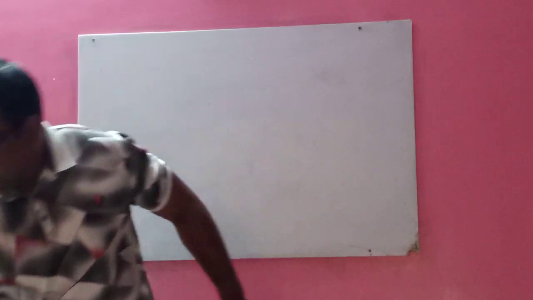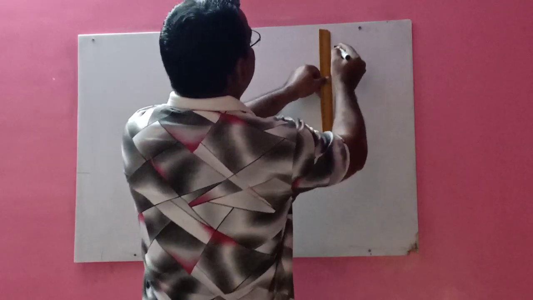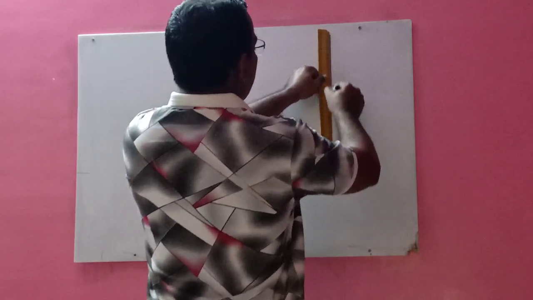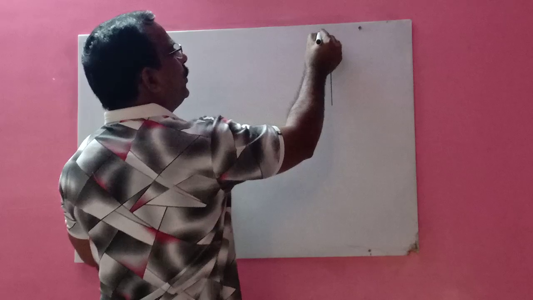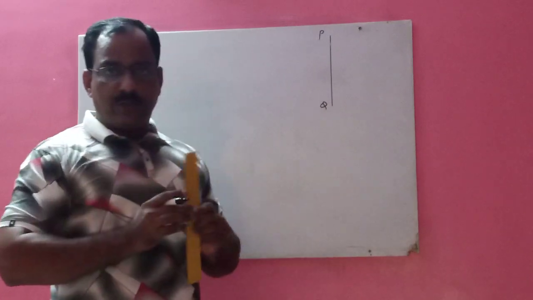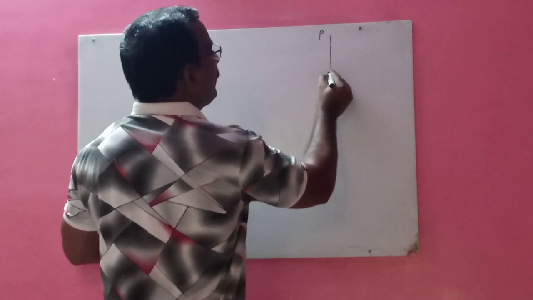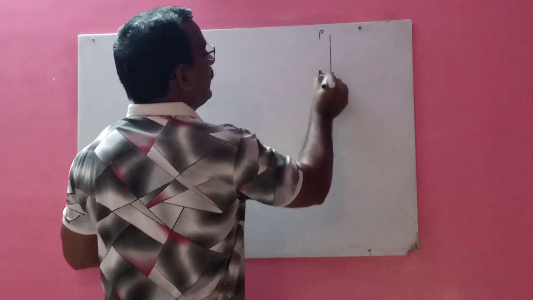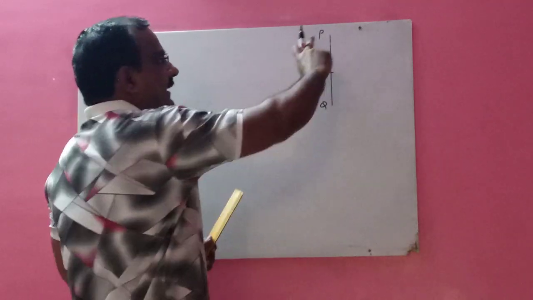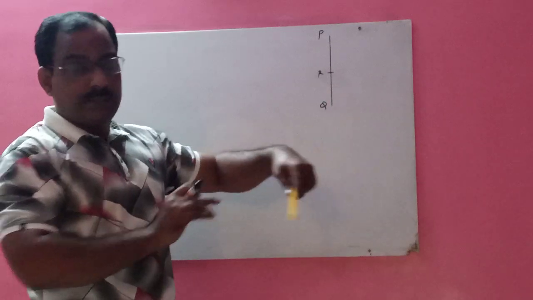Just see this diagram. If I take here PQ, let PQ be the original height of the tree, and due to storm it is broken from here at point R. This part is broken and falls on the ground, rested on the ground.